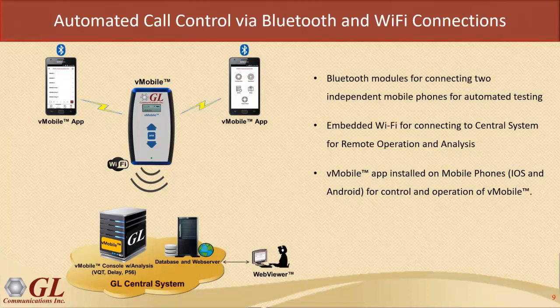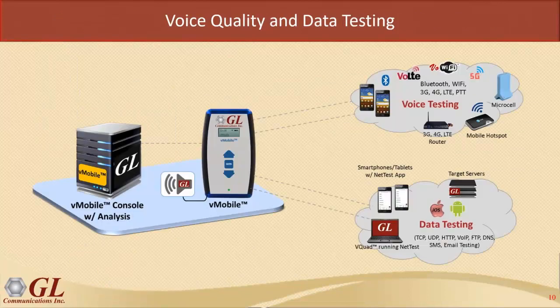Mentioning voice quality, that's great, but the vMobile can also perform or control the GL NetTest, which is what Matt was mentioning, the data testing that's on any mobile device, tablet, what have you. So that could be part of the scripting in the vMobile.